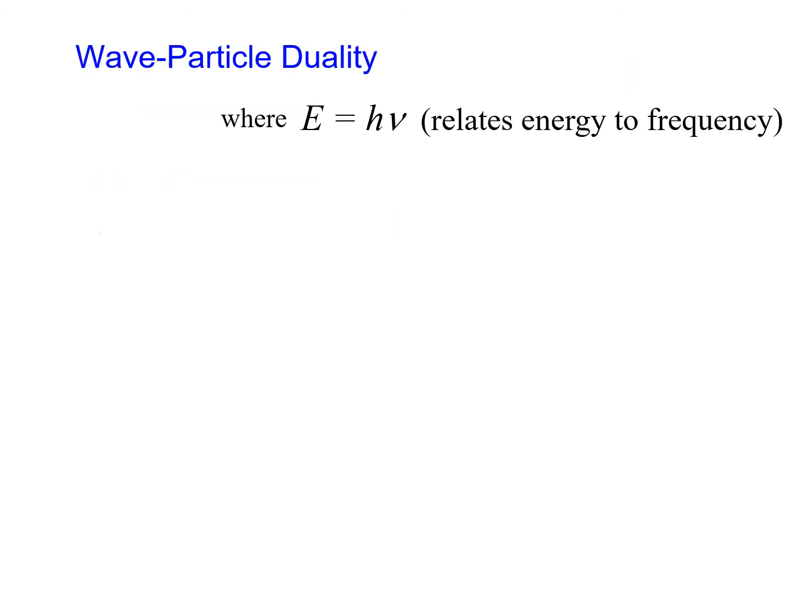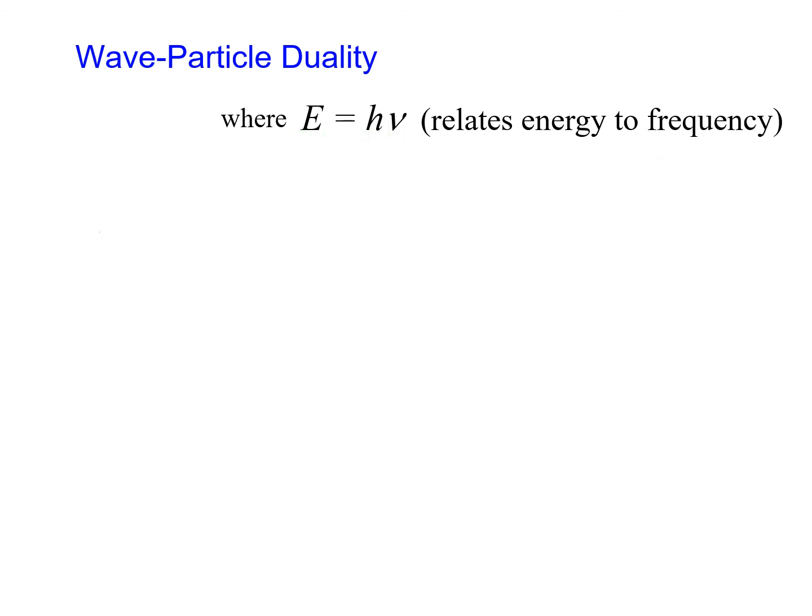Okay, so let's look at the wave-particle duality. It's a matter of perspective, where we know that energy, E, is equal to Planck's constant times nu. So that relates energy to frequency, just by that constant, Planck's constant.